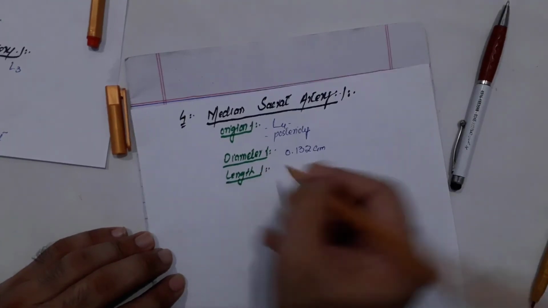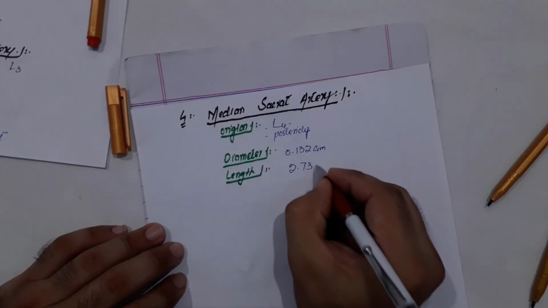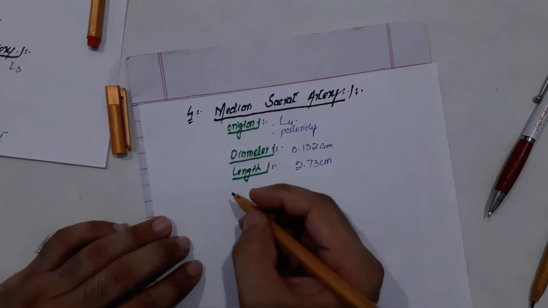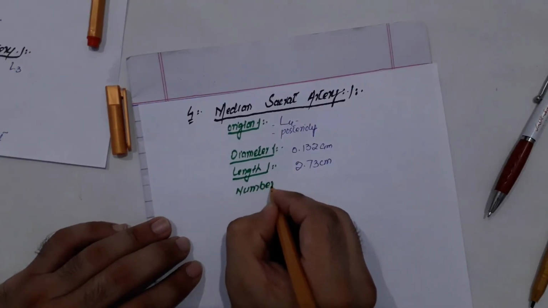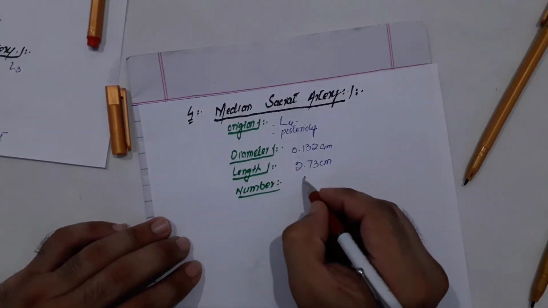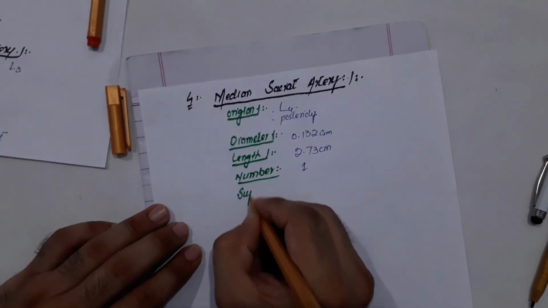The length of the median sacral artery is about 2.73 centimeter. And what is its number? So there is only one median sacral artery.